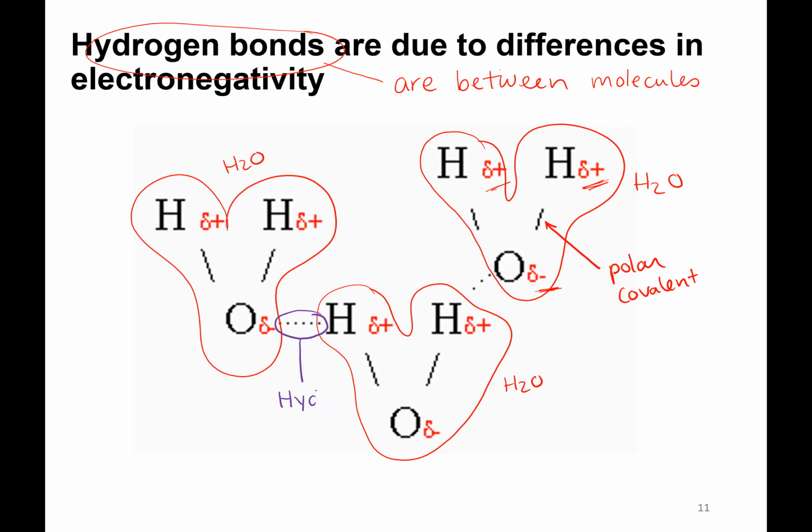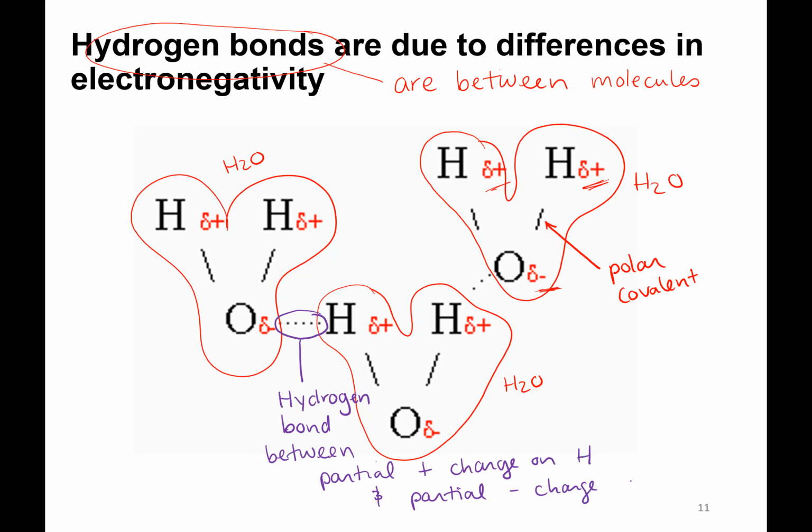So a hydrogen bond is between a partial positive charge on hydrogen and a partial negative charge on usually oxygen or nitrogen. I'll show you that in a minute.